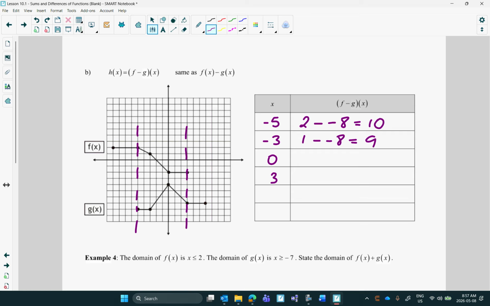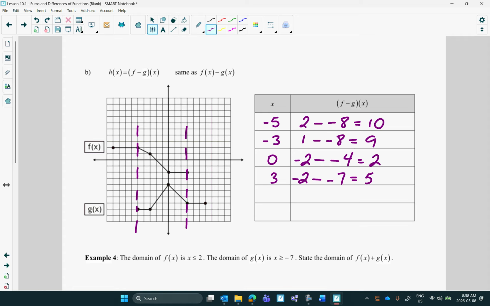At 0, y for f of x is -2 minus -4, which gives us +2. And finally, for 3, we have -2 minus -7, which gives us 5.